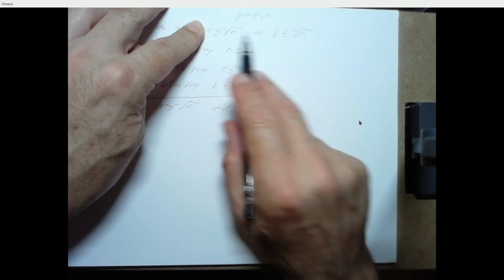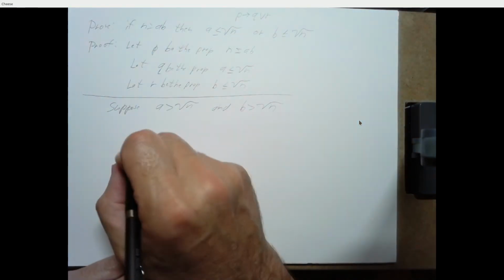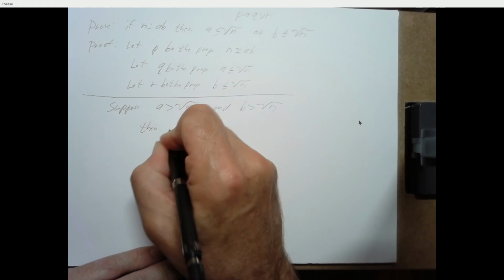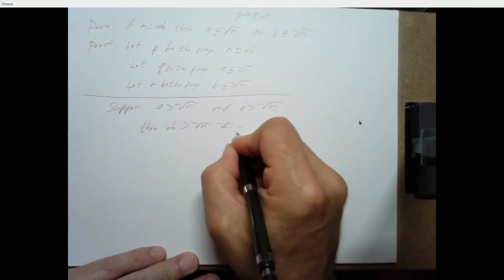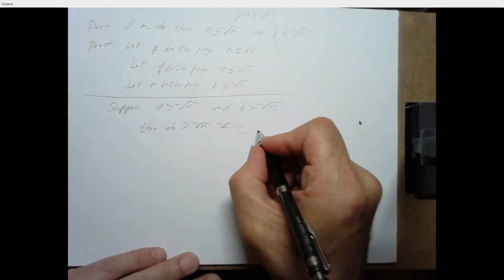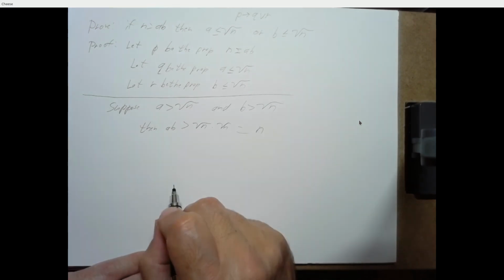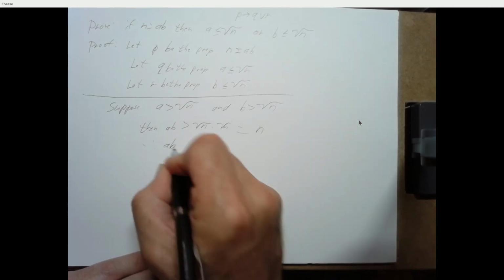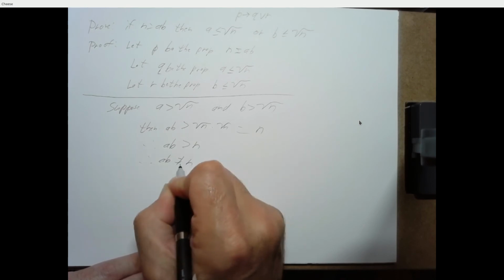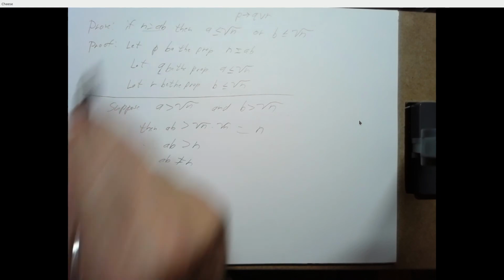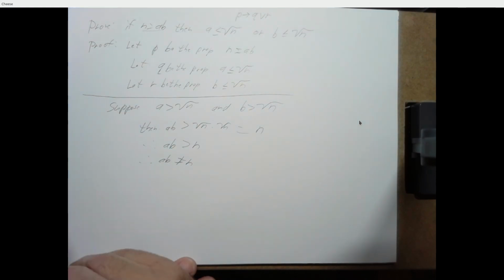So a is bigger than root n, b is bigger than root n. Then a times b is bigger than root n times root n. And square root of n times square root of n is equal to n. So ab is bigger than n, therefore ab is not equal to n, and that contradicts our original hypothesis.